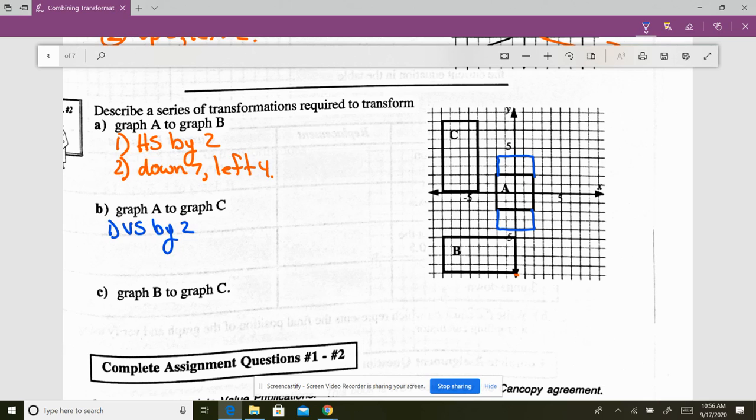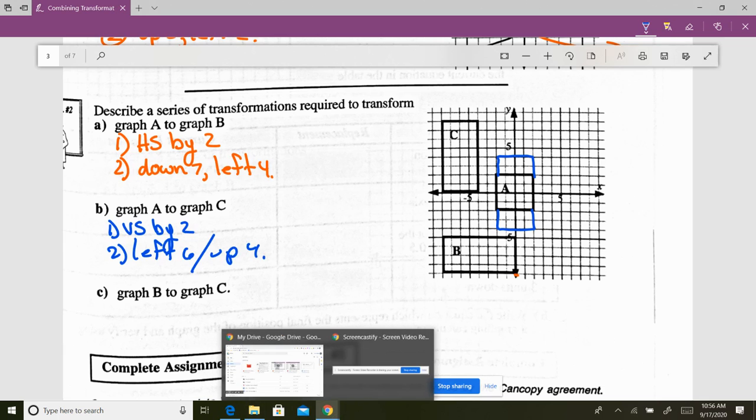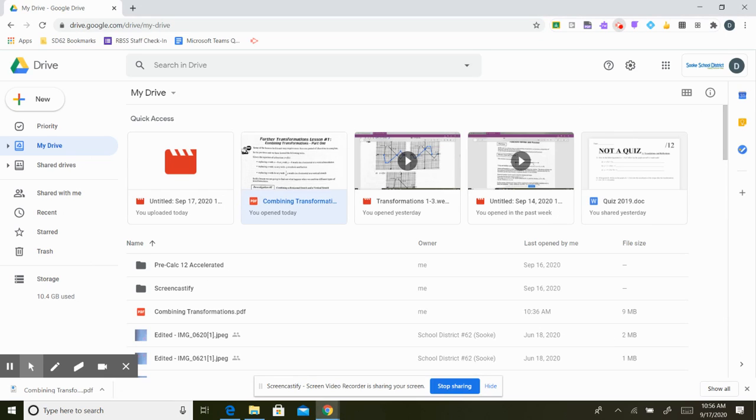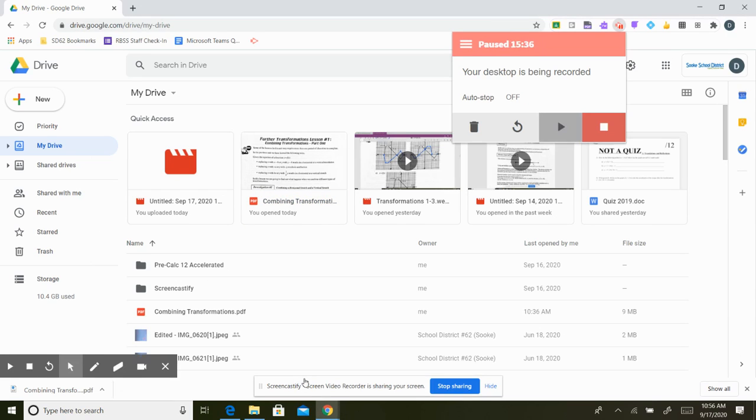How many up and how many over? Left 2? If I go left 2, right there, right? Left 6, and then up 4. Left 6, up 4. Yeah. You're good.